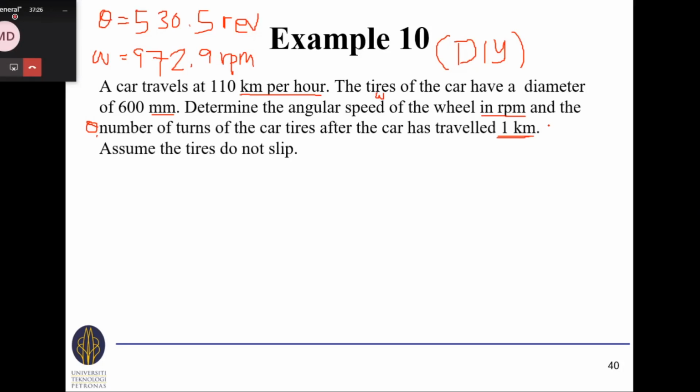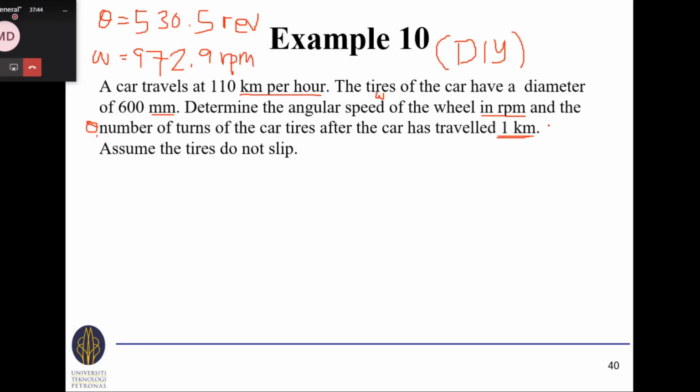But since the question asked you specifically to calculate in revolutions and RPM, try to do it one by one carefully. Okay, I gave the answer wrongly arranged. Supposedly you will get omega first, then you will get your theta.